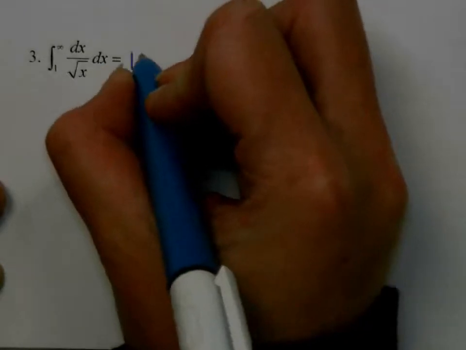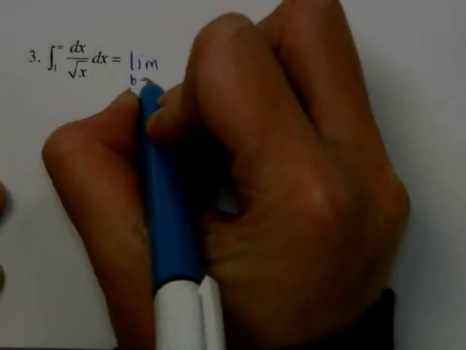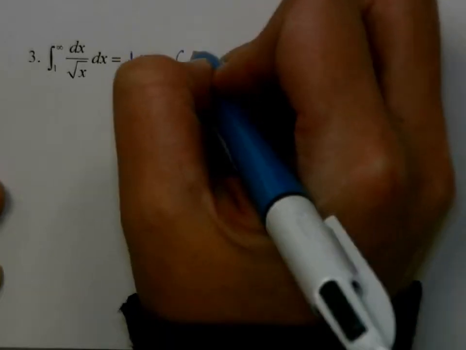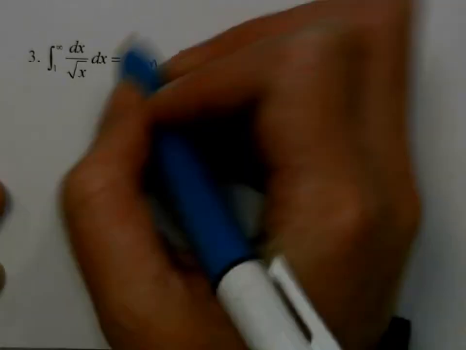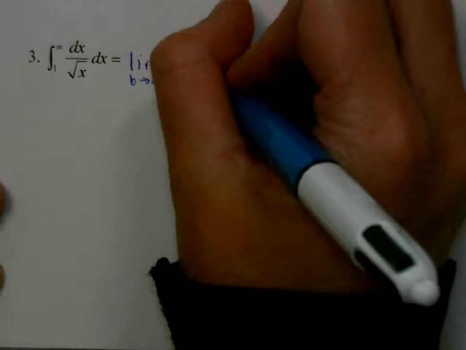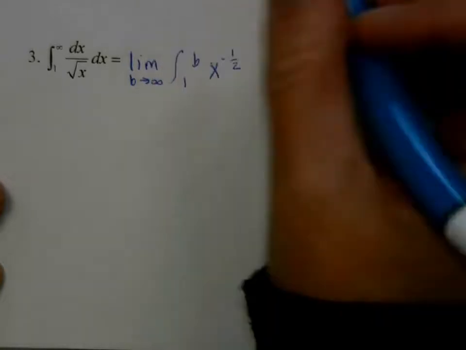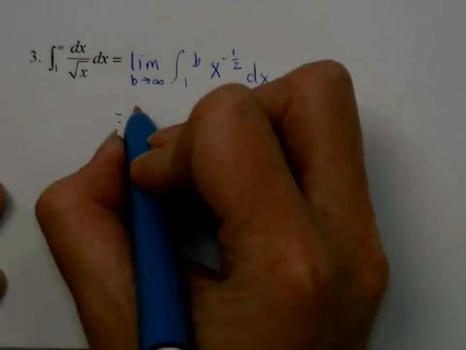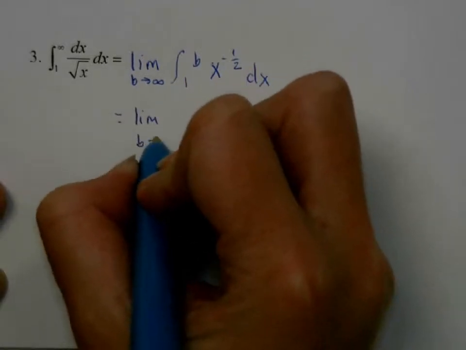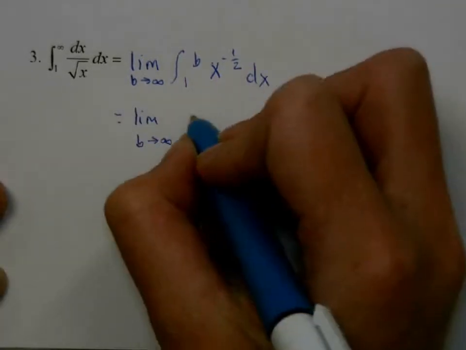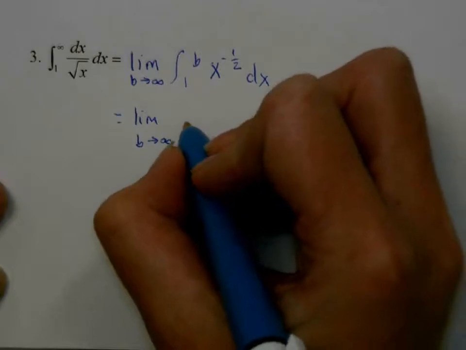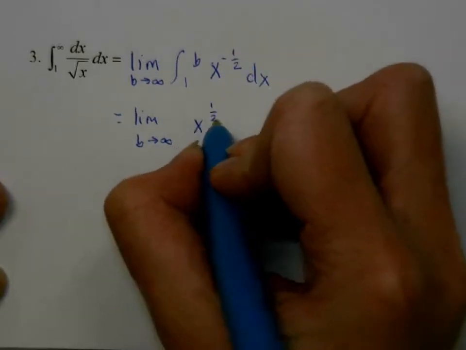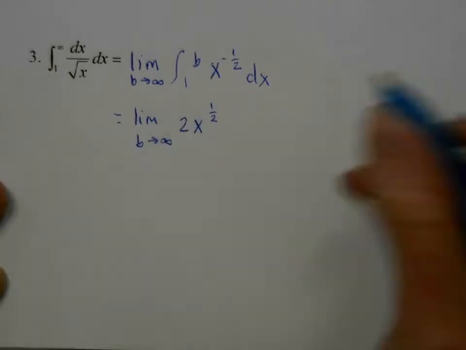So we'll rewrite this with the limit as b goes to infinity of the integral from 1 to b. I'm going to rewrite the square root of x in the denominator as x to the negative 1/2, just to make our lives a little easier. We'll add 1 to the exponent, so that'll be x to the 1/2, and then we'll multiply by the reciprocal.